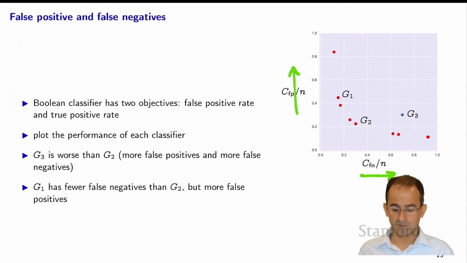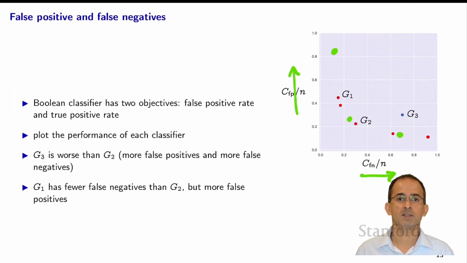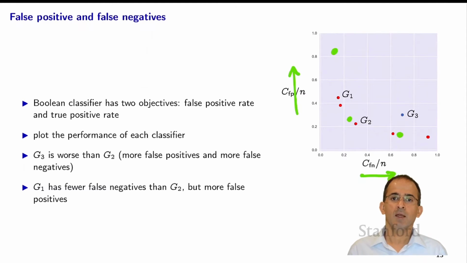And so you give me any classifier, it has some particular point. There's one, here's another. And so different classifiers correspond to different points on this plot. Now, one thing that's worth observing on this plot is that there are some classifiers that you would just never use. One is G3.